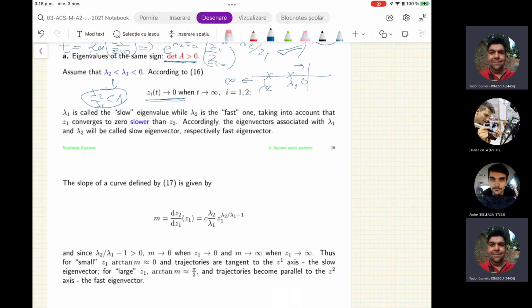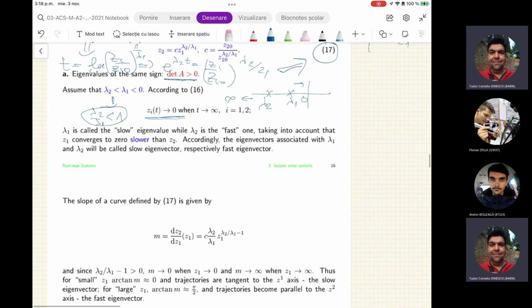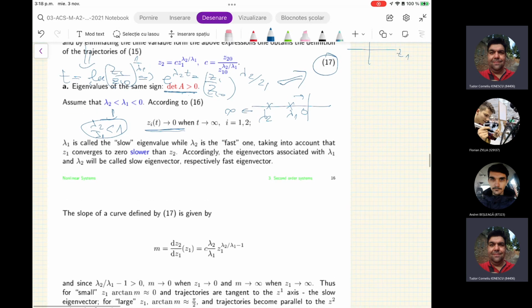Now, the slope of the curve, because we are trying to draw something. Okay? So we are doing a little bit of geometry, and we can compute the slope of the curve defined by 17. What is the slope? It's the derivative of z2 with respect to z1.